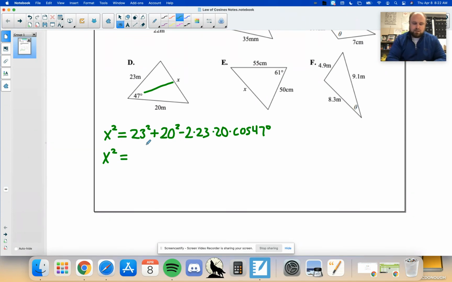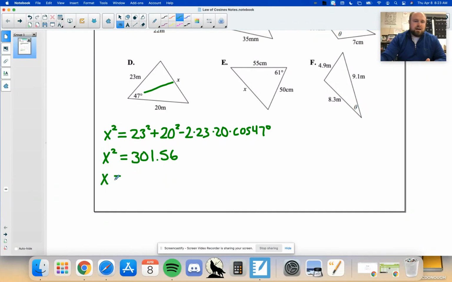So 23 squared plus 20 squared minus 2 times 23 times 20 times the cosine of 47. And that gives me approximately 301.56. So that gives me x squared, but I don't want x squared, I want x.